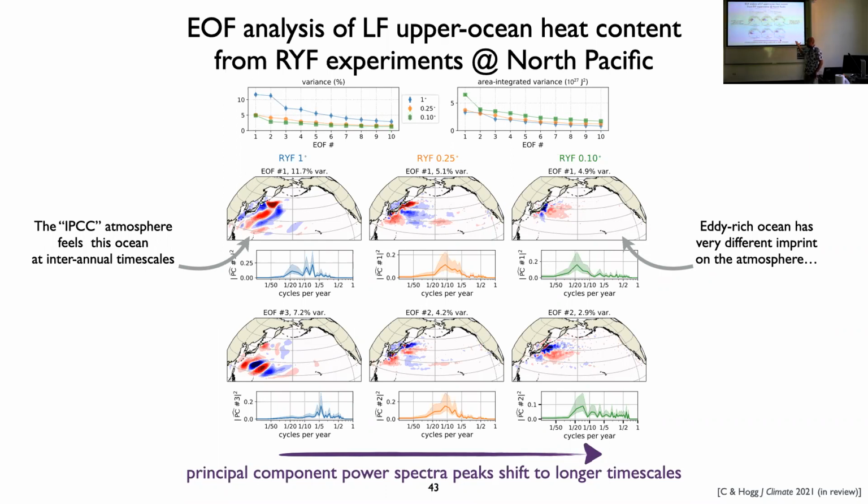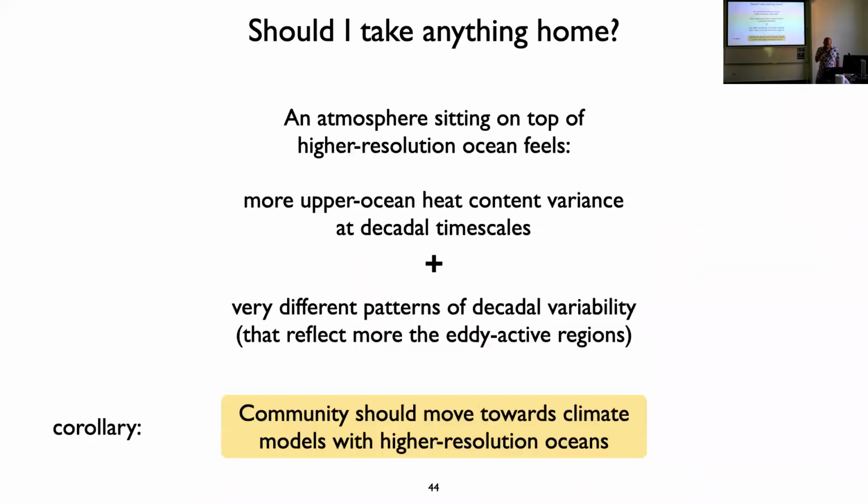So the patterns are very different, the time scales are very different, and one would expect the response of the atmosphere to such different nudging from the ocean to be very different. So in summing up, as you have an atmosphere that communicates with a high resolution ocean, there's much more variance of upper ocean heat content that this atmosphere feels, and very different patterns.